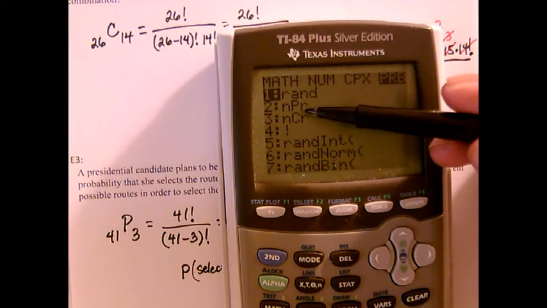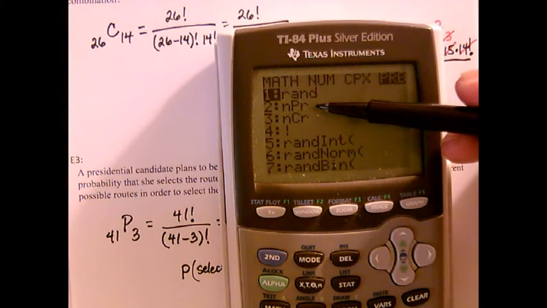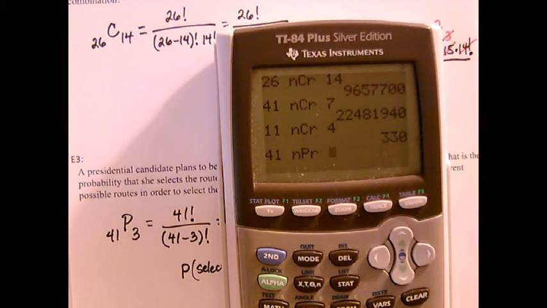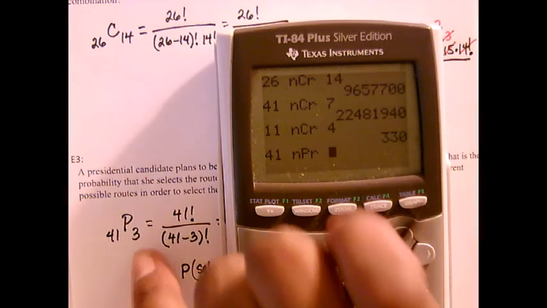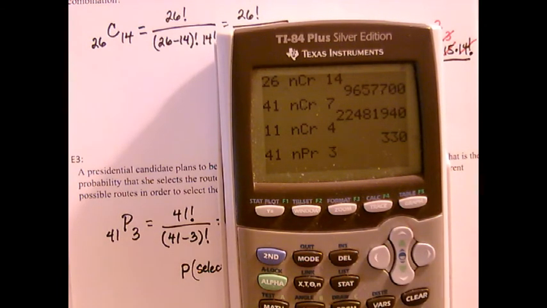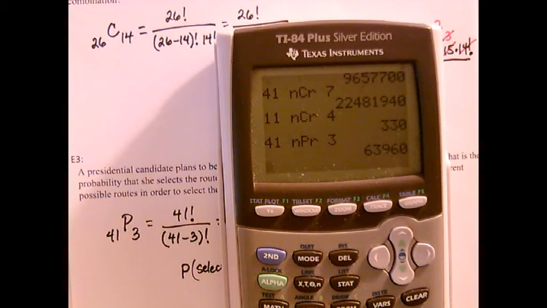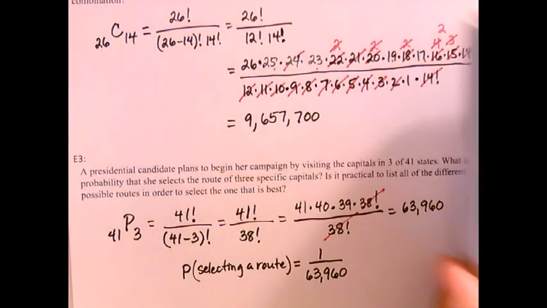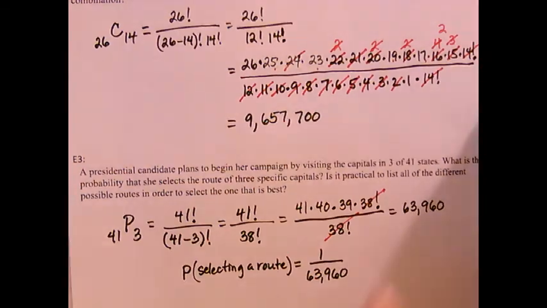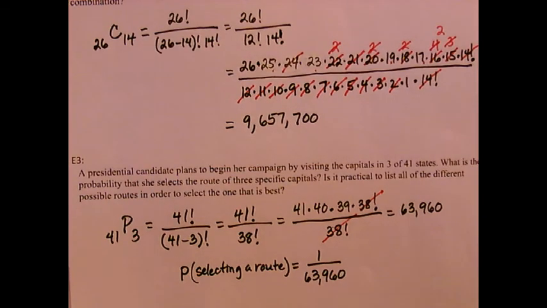You should see under number 2 nPr. So you'll select number 2 for nPr because it's a permutation problem, and then type in the number that's after the P, which is your 3, and then hit enter. And you'll see that I came up with that 63,960 that I came up with in that particular problem.